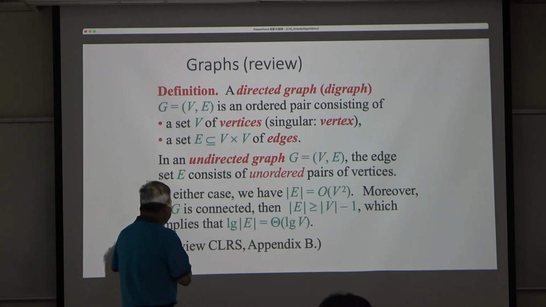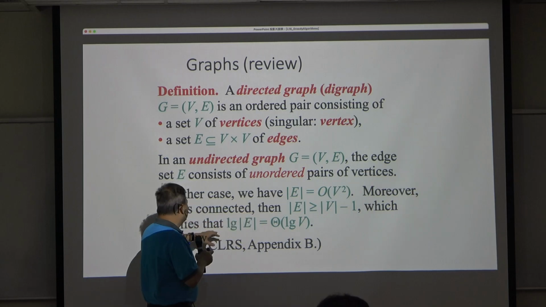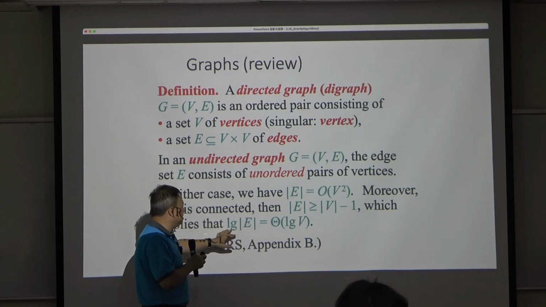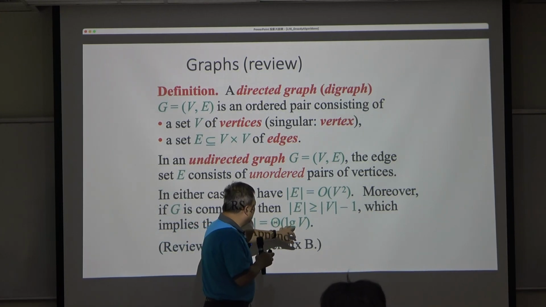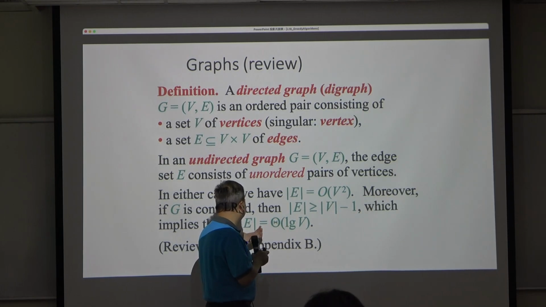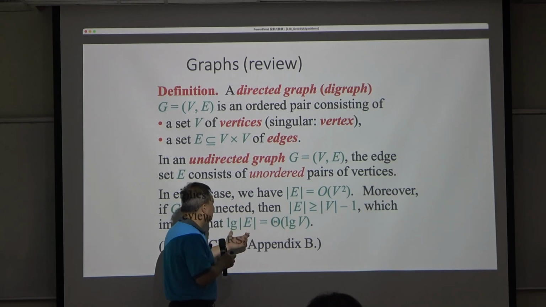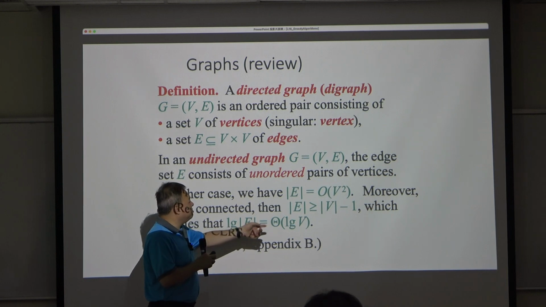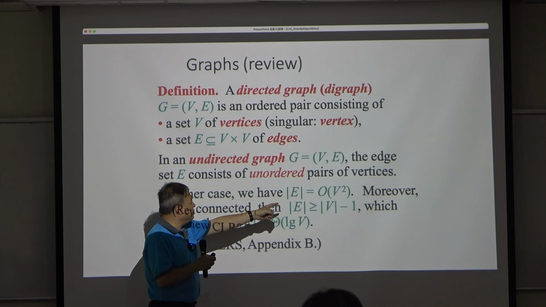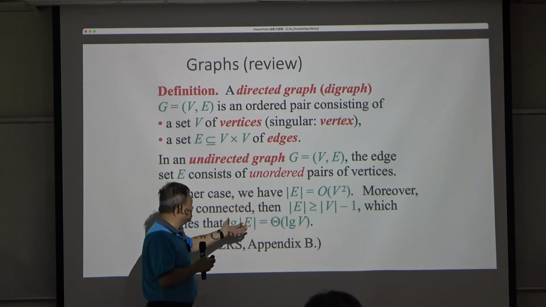So that implies that log E, the log of the number of edges, must be log V, because E is bounded by V squared, so at most you have V squared edges.